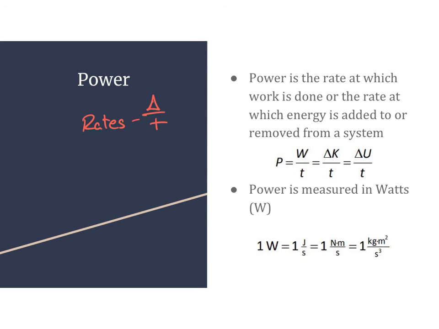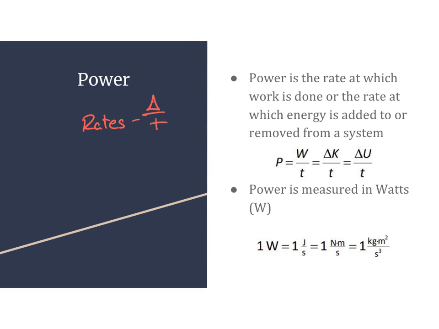Our change in energy per unit time, or the rate at which work is done, is called power. And you might have heard this in terms of cars, something called horsepower. And horsepower is a measure of the rate at which energy gets converted from basically chemical energy in the fuel into mechanical energy in the speed of the car.